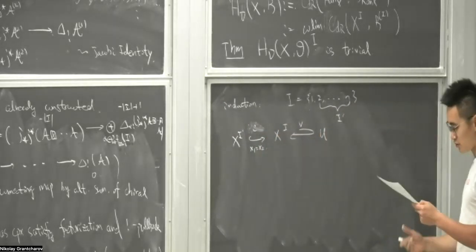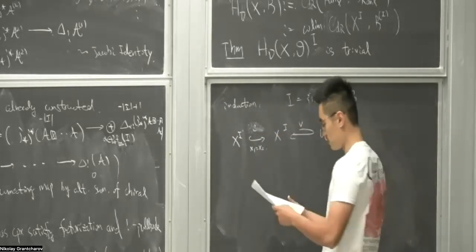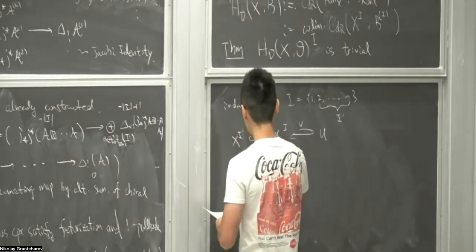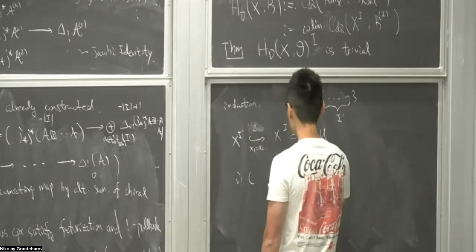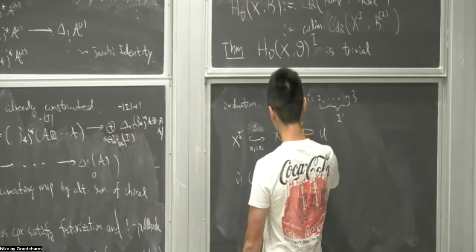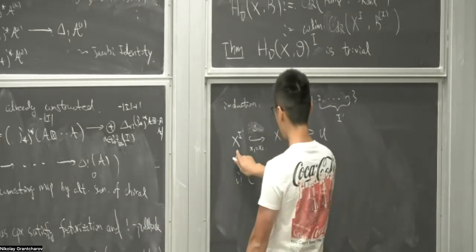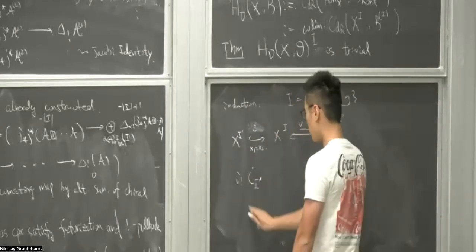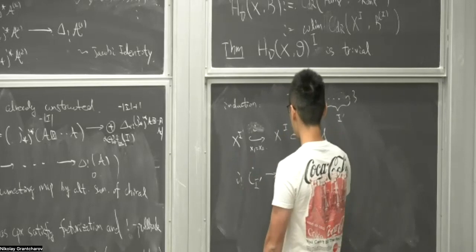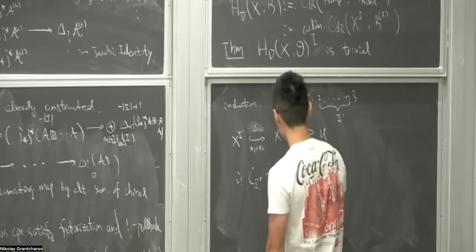I'll try to use the triangle of the shift because I have this upper star pullback. C_I dot pulls back to C_I prime dot, and then pushforward, triangle.